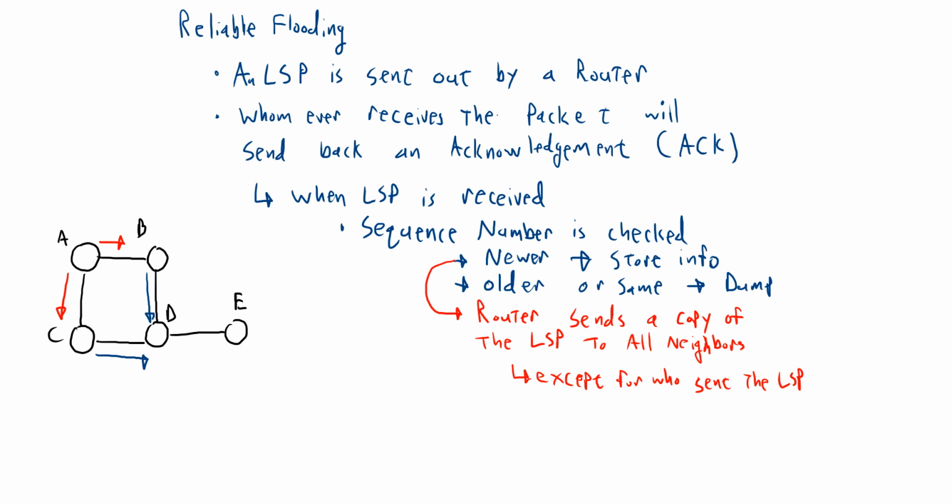C and B would send updates to D. Even if D gets a packet and it sends it back, because the sequence number is basically the same, this will not cause B and C to flood backwards.